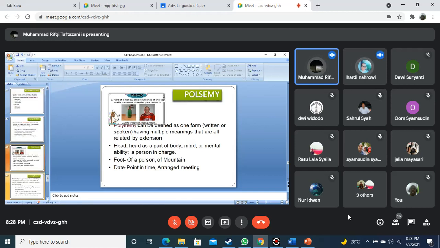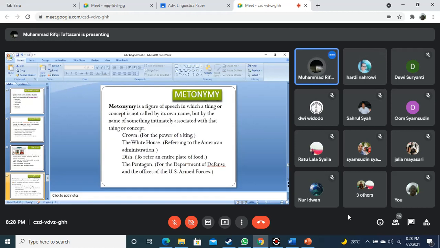Okay, next, metonymy. Metonymy is a figure of speech in which a thing or concept is not called by its own name, but by the name of something intimately associated with that thing or concept. For example, crown, for the power of a king.